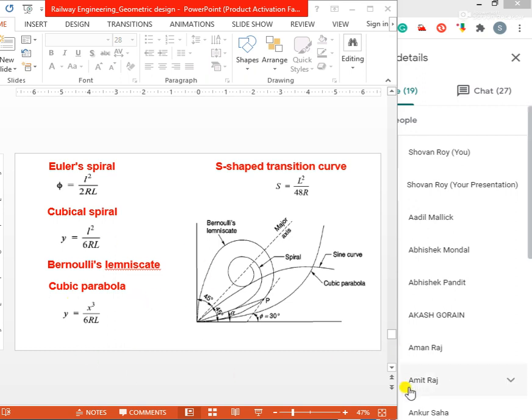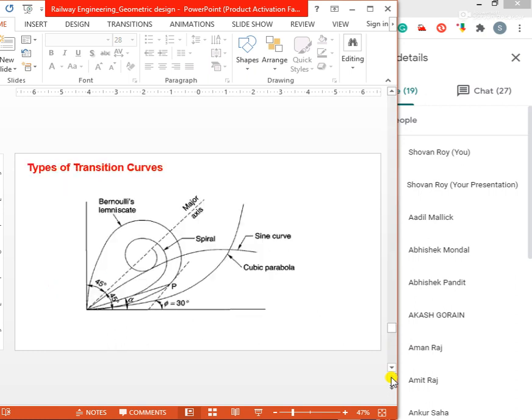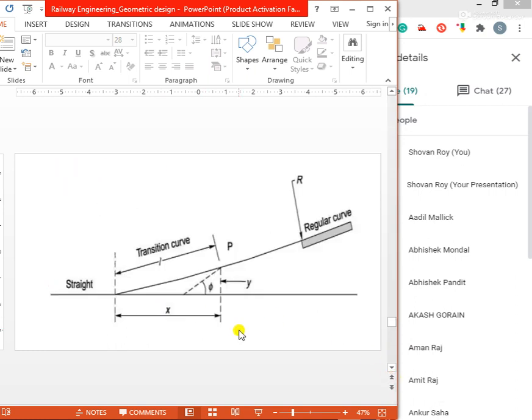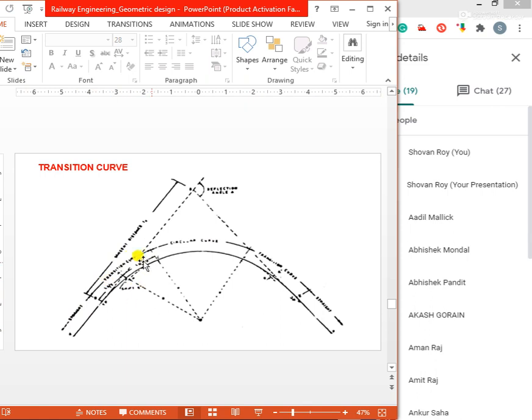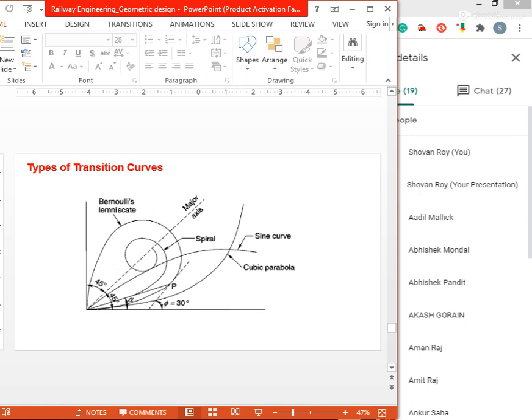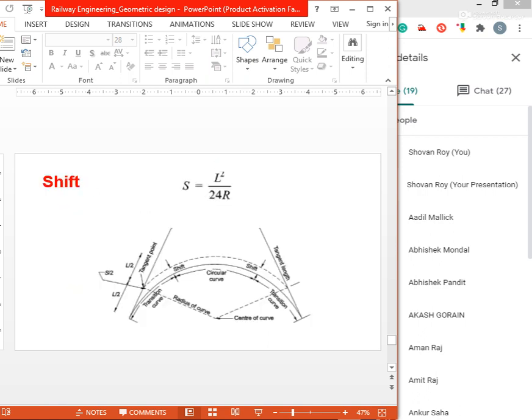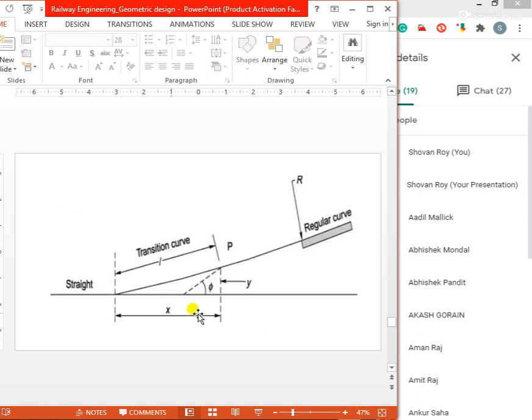This x and y come from this figure, and this figure is taken from magnifying this portion.